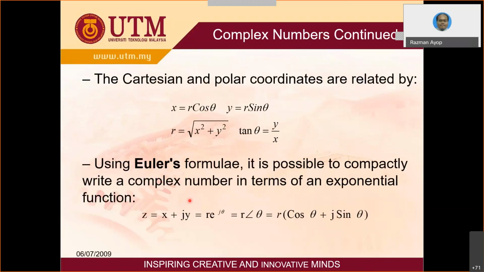So this is how you convert, the formula. If you have, for example, the rectangular form and you want to convert it, you use this formula, the lowest one.